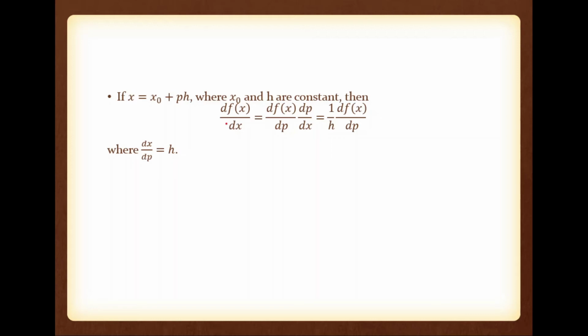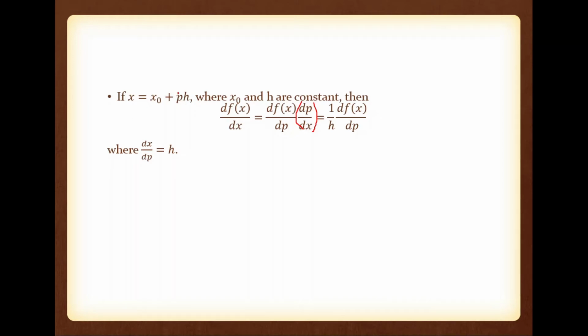Okay, so df of x by dx, we can write it as df of x by dp into dp by dx. So what is this quantity dp by dx? What is dx by dp? We have x equal to x0 plus ph, where x0 and h are constant. So dx by dp is 0 plus h, so dx by dp is equal to h.